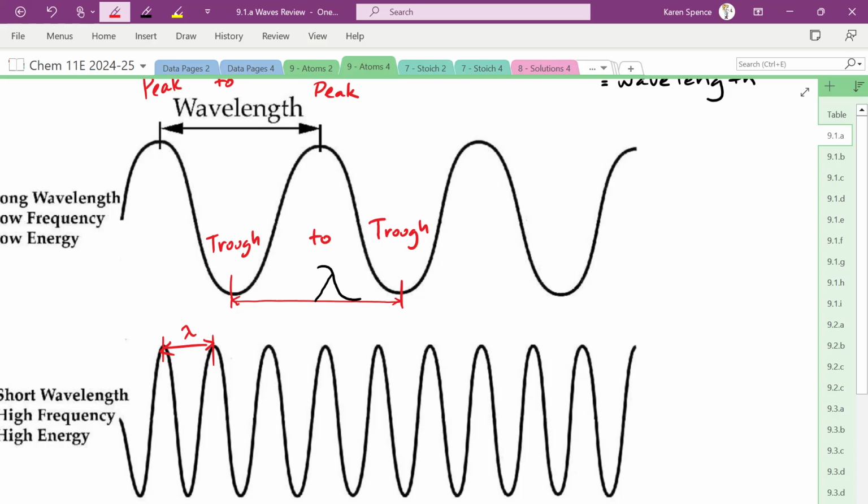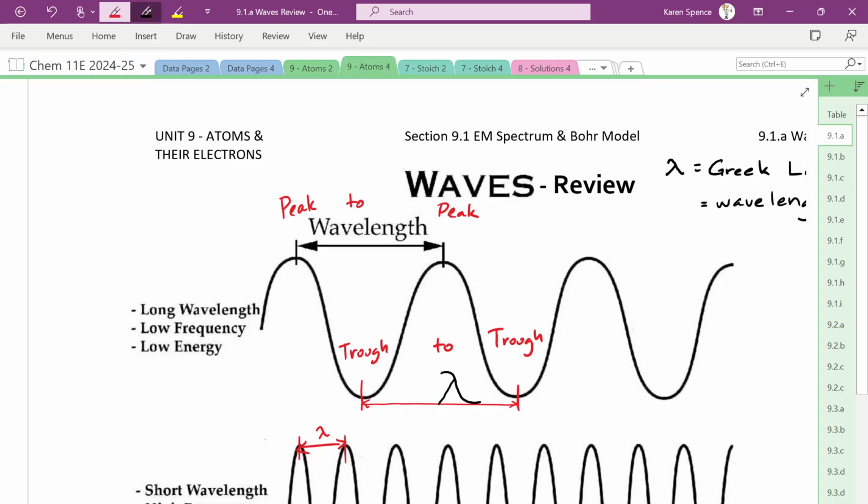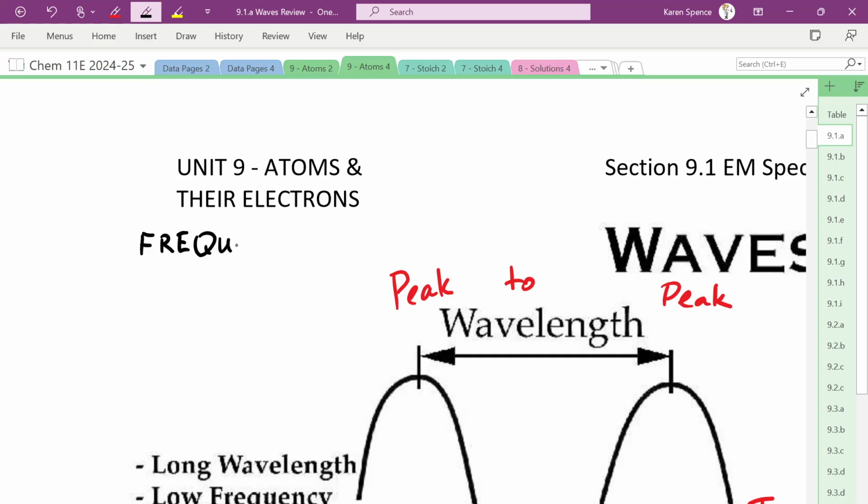Now, we're going to talk about frequency. Frequency is the number of times a peak or a trough, but I'm just going to say peak to make it simple, the number of times a peak passes a point per second.